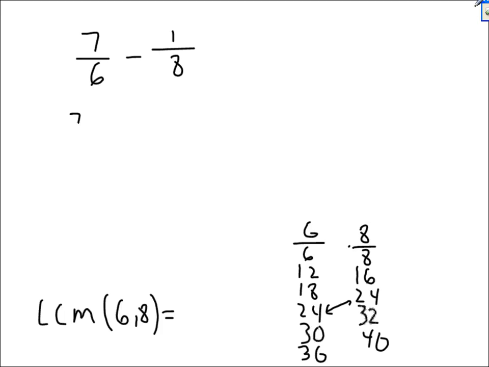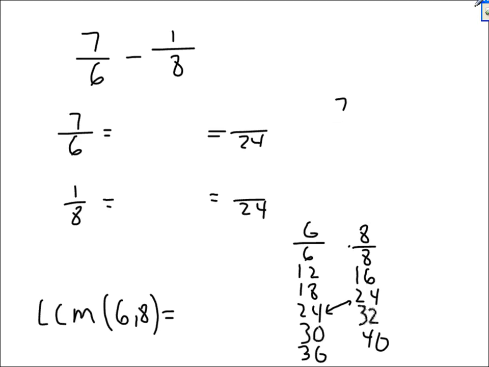So, I want to write 7 over 6 with the 24 in the bottom. I want to write 1 over 8 with the 24 in the bottom. Now, you don't have to do it exactly the way I'm doing. I'm just showing you the steps.